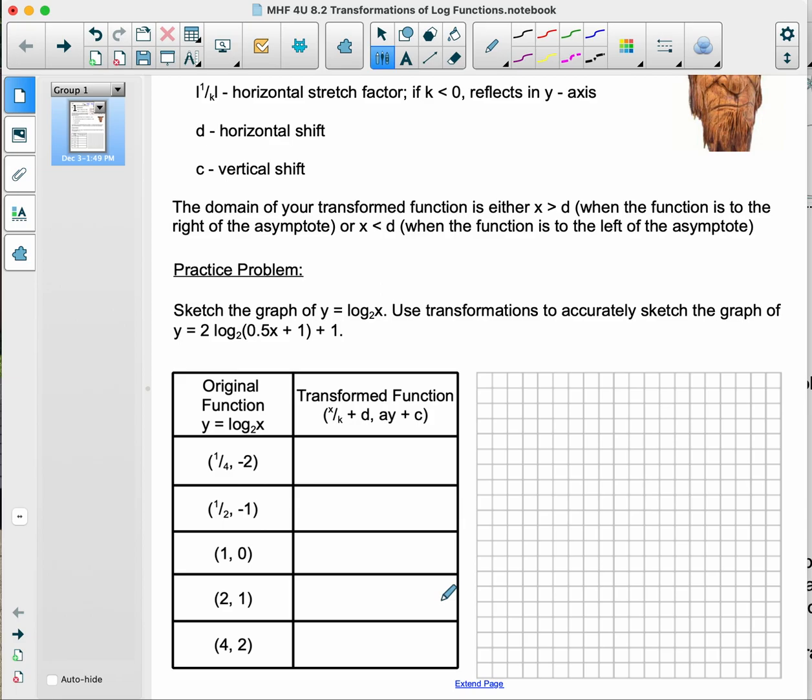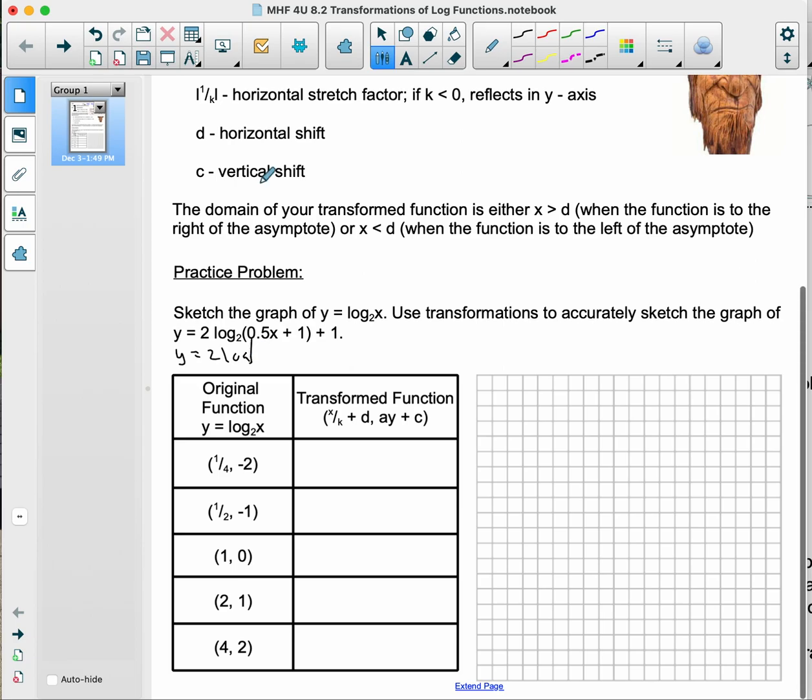Again, starting from the graph that we used at the beginning of yesterday's note, the log of x with a base of 2, we're going to use that and transform it. I'm never going to change the base in a transformation. It's just going to be transformations as you know. So again, don't forget to common factor.